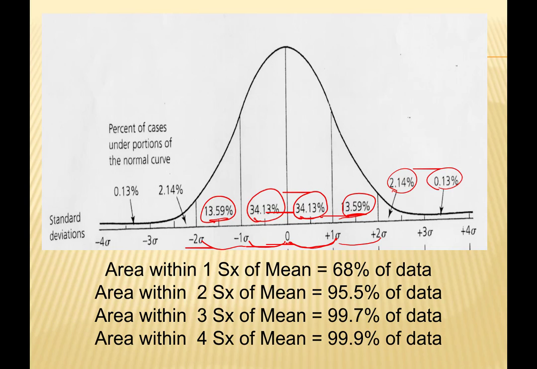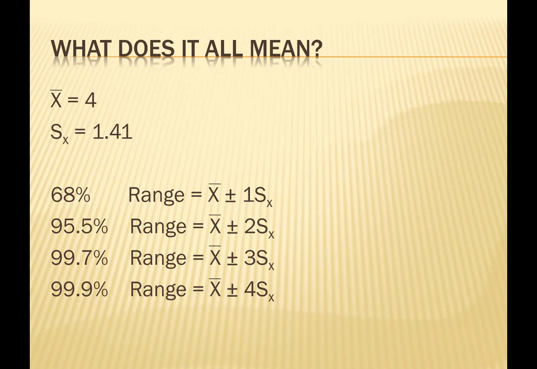So when all those percentages are added together, that adds up to 95.5% of the data. Interpretation-wise, we would say those two numbers are the range within which we think 95% of the data will be. And then the further we take it out to 3 standard deviations, it includes 99.7% of the data, and then lastly 99.9% of the data.